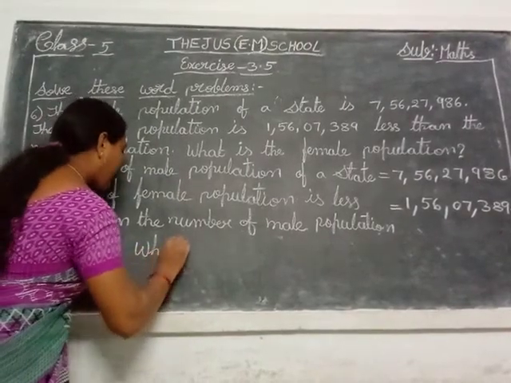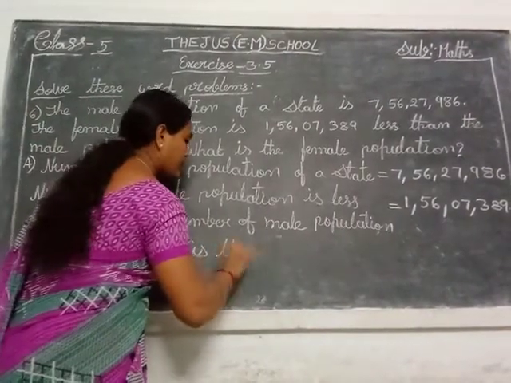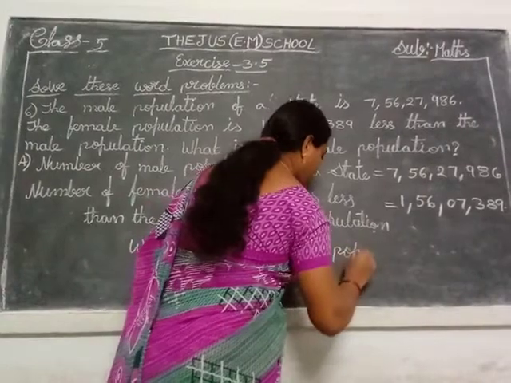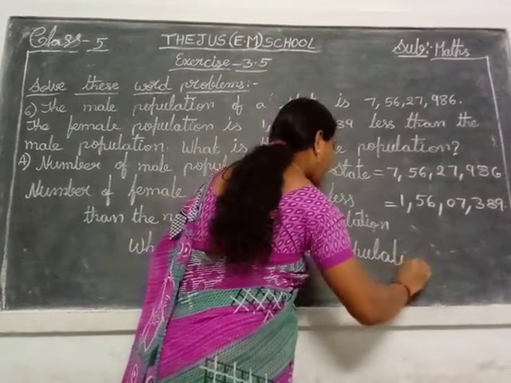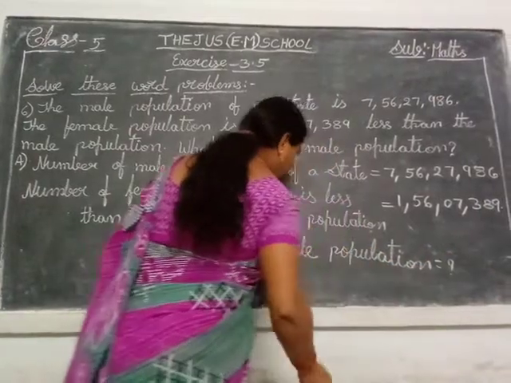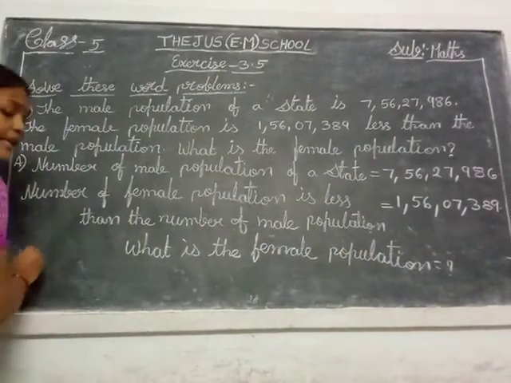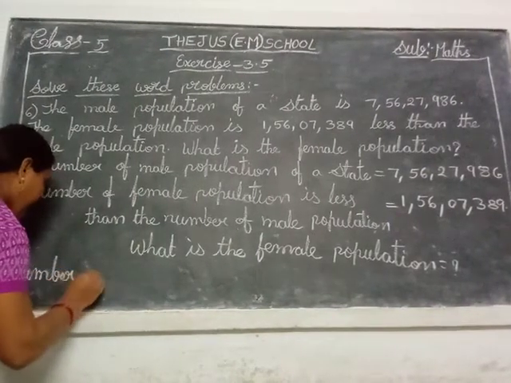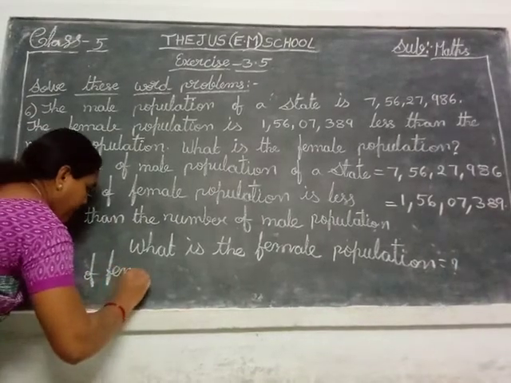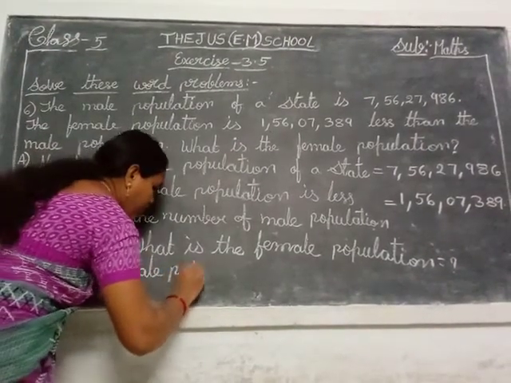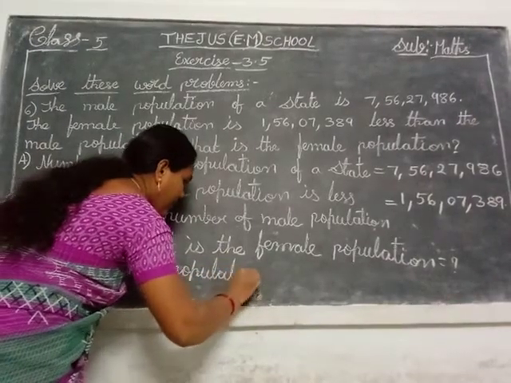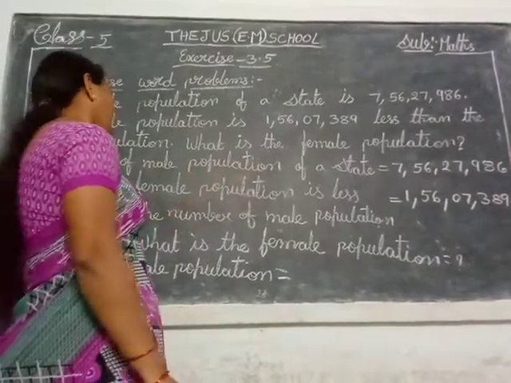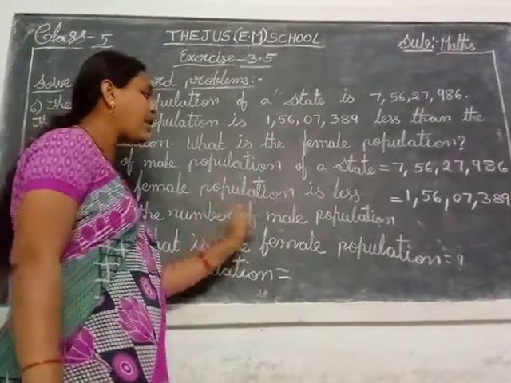Right here, what is the female population? We will find out here children. So right here, number of female population is equal to number of male population minus the number by which it is less than the male population.